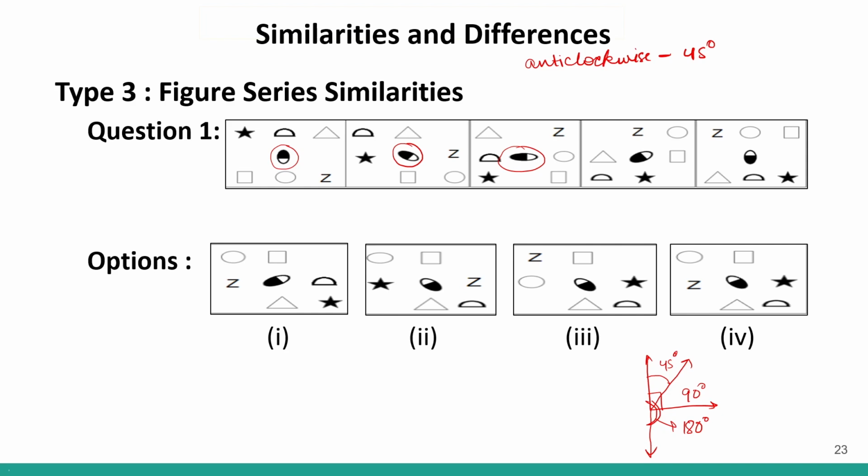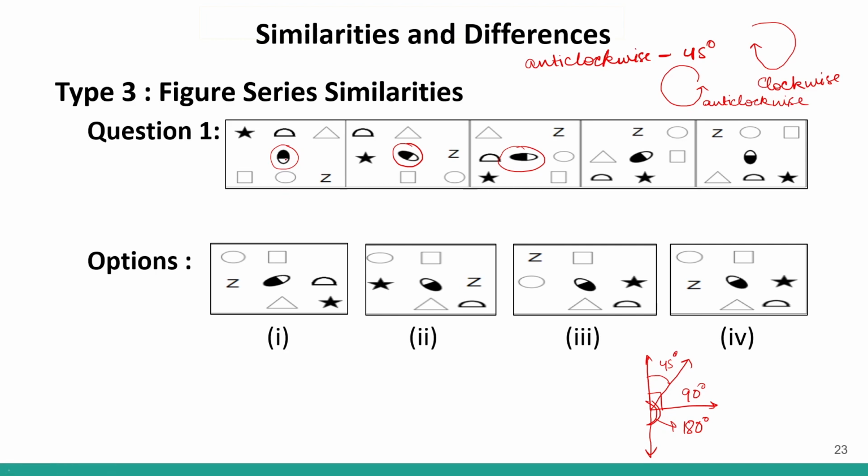And then we discussed also anti-clockwise and clockwise. So just imagine a clock. If we are moving along with the direction of the clock like this, it is called a clockwise direction. Similarly, if we go in the opposite direction of a clock like this, it is called an anti-clockwise direction.